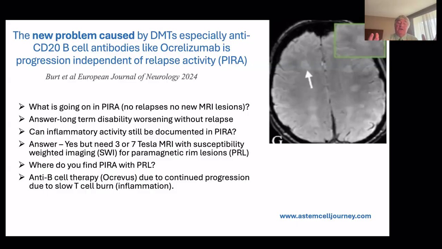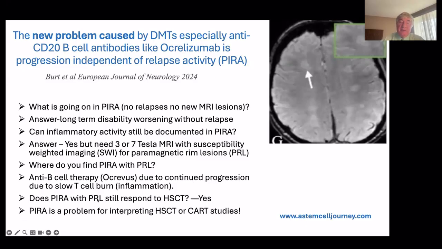B cells are also good antigen presenting cells, so if you get rid of them, you get rid of the high flames of a campfire that show new lesions or enlarging lesions or inflammation. But the burning embers of the campfire are still there. That's the slow T cell burn that slowly destroys those neurons, and then you end up with progressive disease, neurodegeneration that nobody can help.